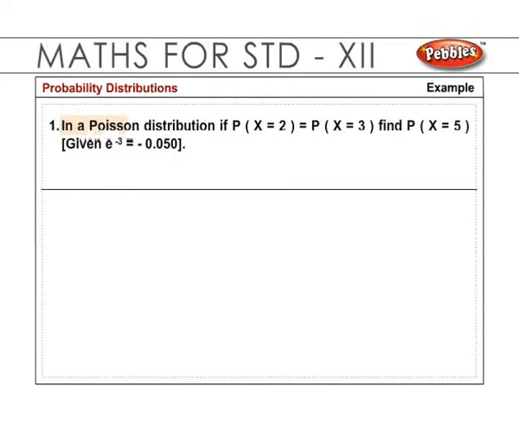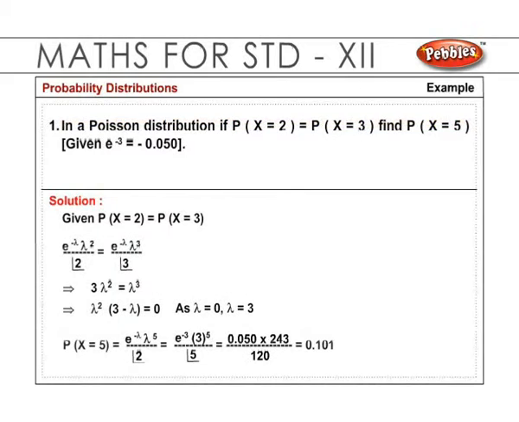In a Poisson distribution, if P of x is equal to 2 is equal to P of x is equal to 3, find P of x is equal to 5. Given e power minus 3 is equal to 0.050. Problem: P of x equal to 2 is equal to P of x is equal to 3. E power minus lambda into lambda squared by 2 is equal to e power minus lambda into lambda to the power of 3 by 3.